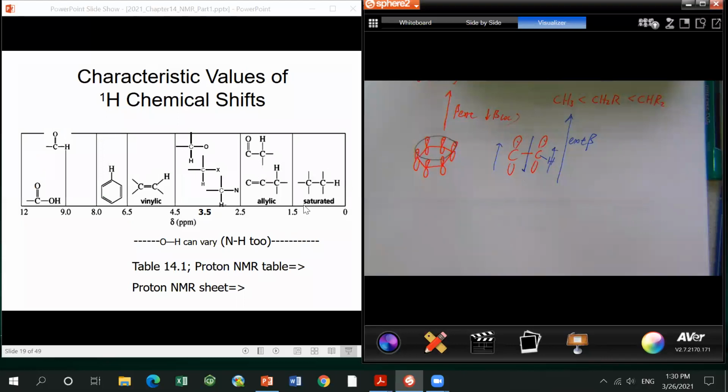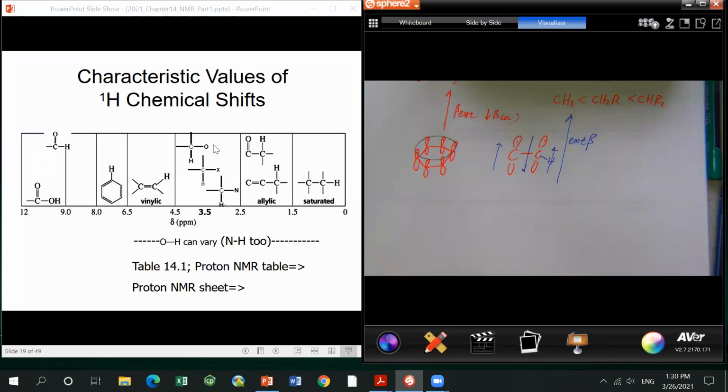The lowest one is the saturated C-H, like alkane, because there's no electron withdrawing effect and also no pi bond effect. It's followed by allylic and carbonyl-connected protons, which have a little bit of electron withdrawal and pi bond electron effect, so they have a little bit higher chemical shift.